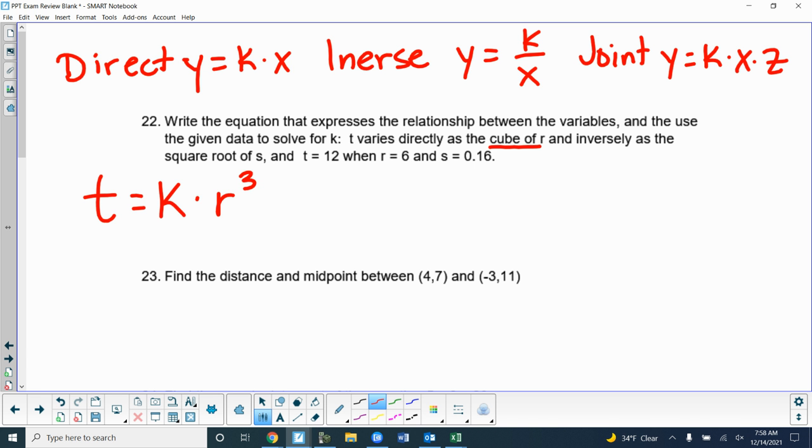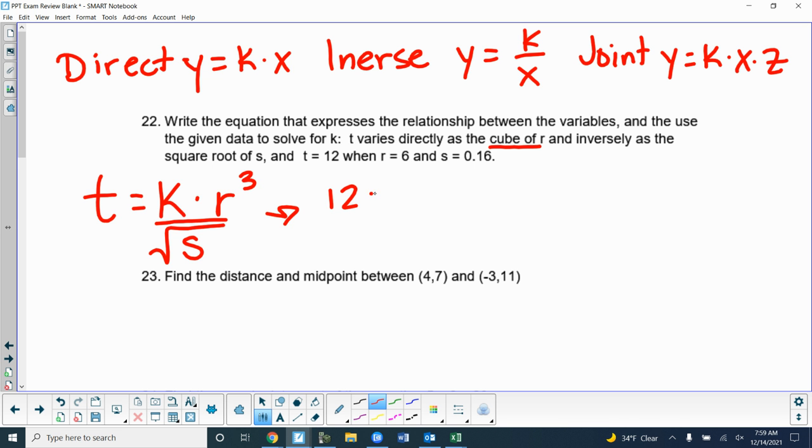Then it says and inversely, so we also have division. So just put it over for division, write it as a fraction. The square root of s. So use your square root symbol, not your s squared symbol. All right? And then you're supposed to put in the numbers they give you.